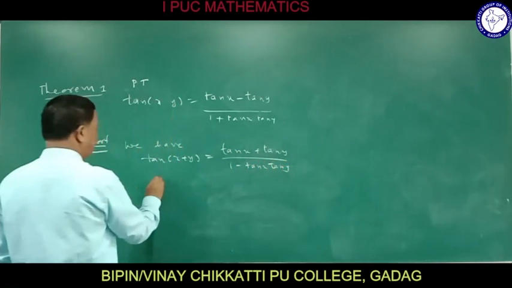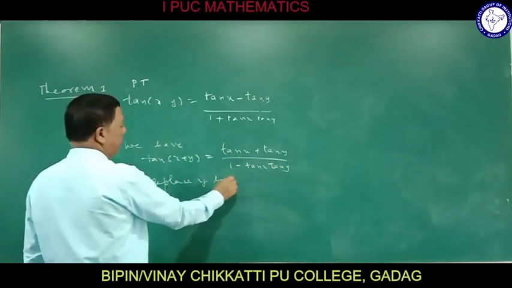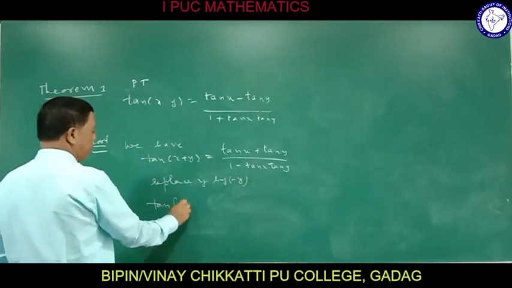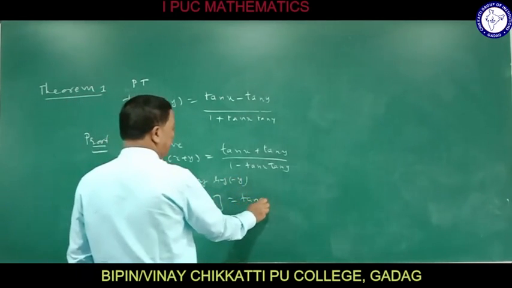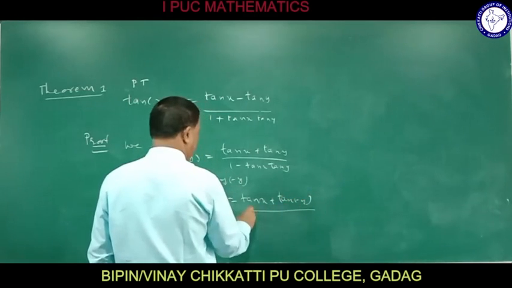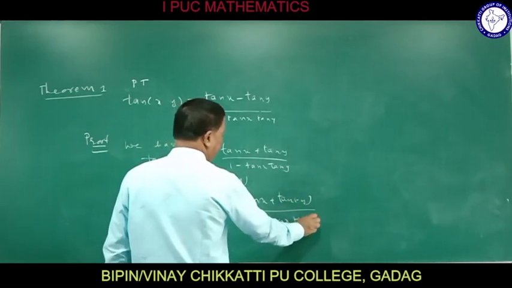So what I tell here is, replace y by minus y. Then tan of x plus of minus y is equal to tan x plus tan of minus y divided by 1 minus tan x tan of minus y.